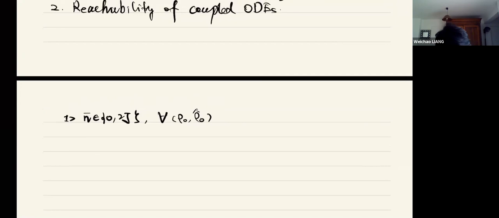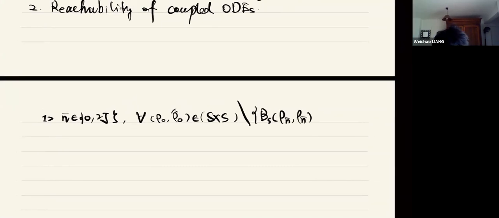The first one is the special case, which means for all rho 0, the initial state of the corresponding coupled ordinary differential equations, except some neighborhood of the target state and all the bad equilibria.